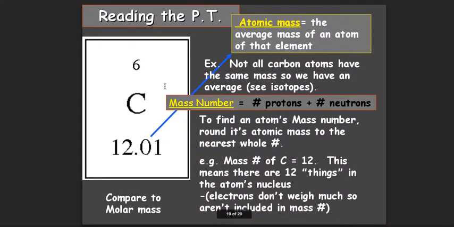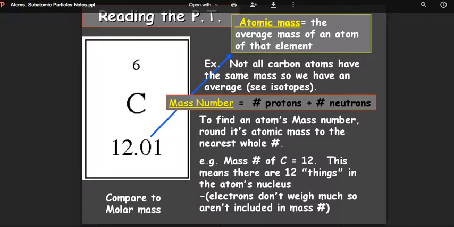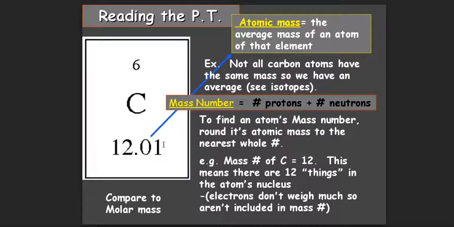And then when you're looking at atomic mass, that's this number down here, which is the average mass of an atom. Not to get confused with the mass number, which is when we would round this to 12 and say this is the number of protons plus the number of neutrons. It's how many things are in the nucleus. Okay, and by things I mean protons and neutrons.